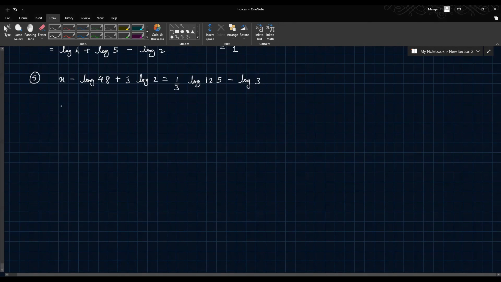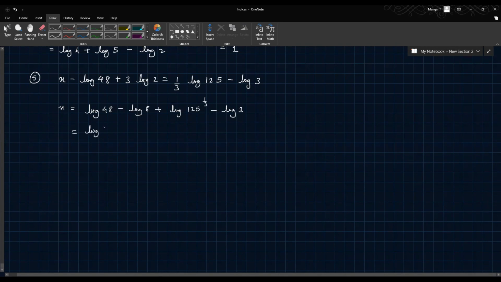Here we want to find the value of x. So we can keep x on one side and take these terms on the other side. So the negative log 48 will become plus log 48. This is 3, so that will be 2 raised to 3, that will be 8. This will be log of 125 raised to 1/3, and this is log 3.